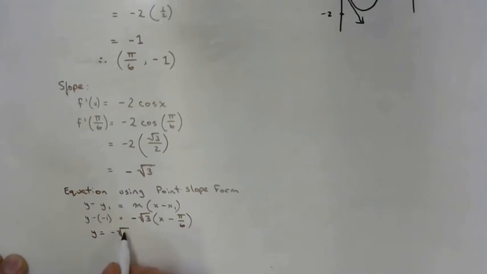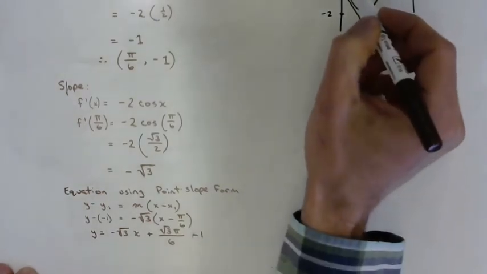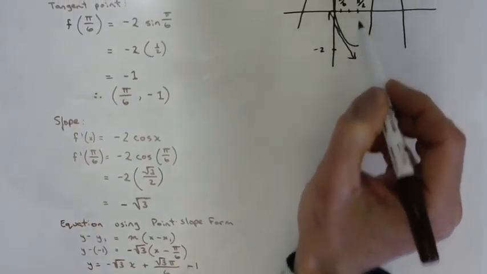We have negative radical 3 times x plus radical 3 pi over 6 minus 1. And this is then the equation of our tangent line at the point where x equals pi over 6.